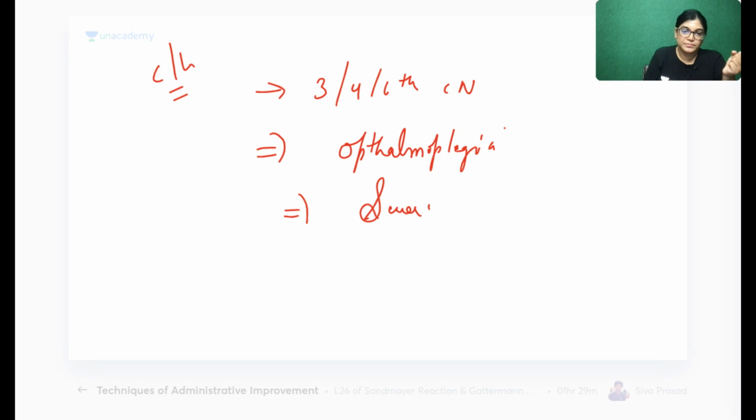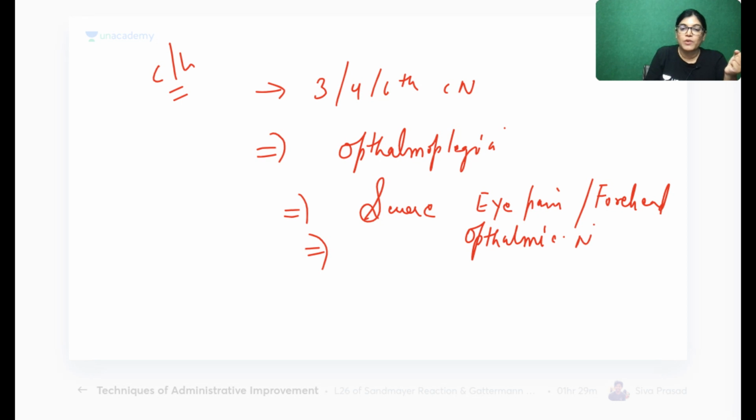Severe eye pain. There will be swelling, and severe pain in the forehead and the eye due to involvement of the ophthalmic nerve. Other than that, marked edema.